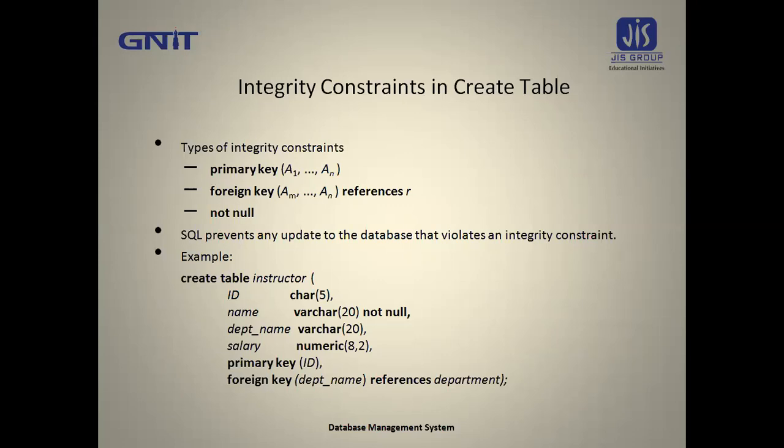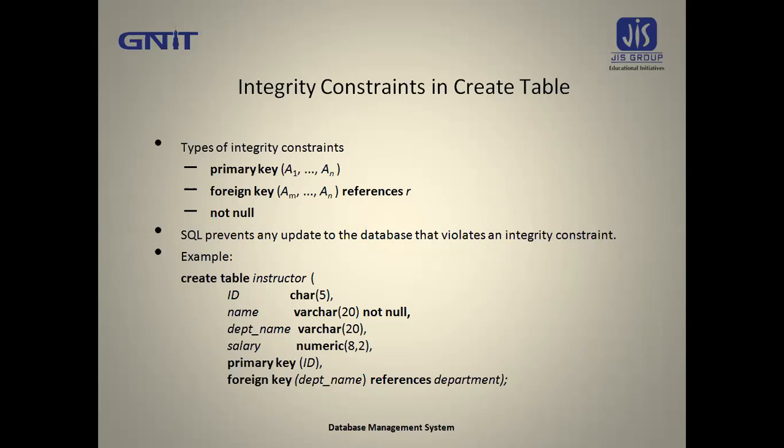Now, how to put integrity constraints. What are integrity constraints? As we discussed earlier, integrity constraints on attributes means you want to put some checks on their values. Primary key, foreign key, and not null are the three most popular integrity constraints. For the instructor table, after writing create table instructor and specifying the attributes and data types, we write primary key within brackets, ID.